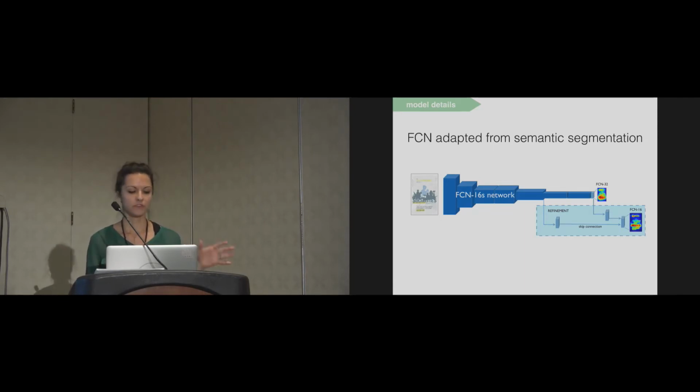So I'm going to include very few model details, but basically we used a VGG16 fully convolutional network that's used for semantic segmentation, but we adapted it for our task. So instead of predicting segmentations, the network predicts continuous distributions, or these importance heat maps, and we adapted the loss function accordingly to work for distributions.